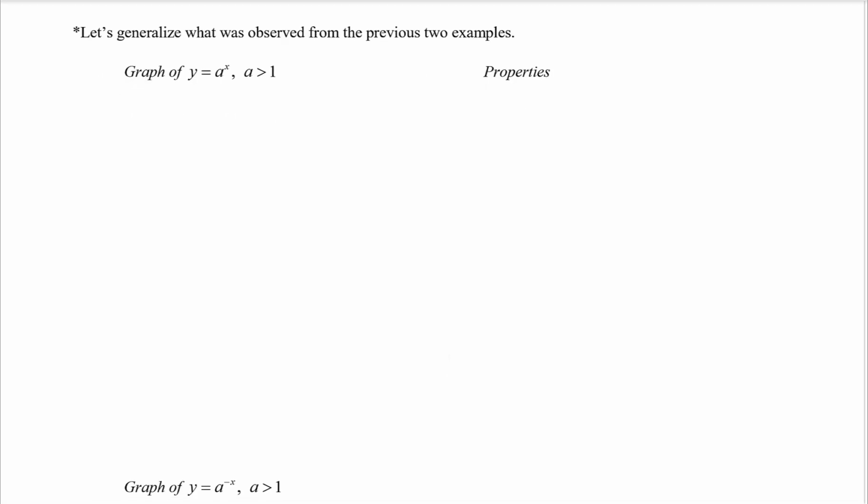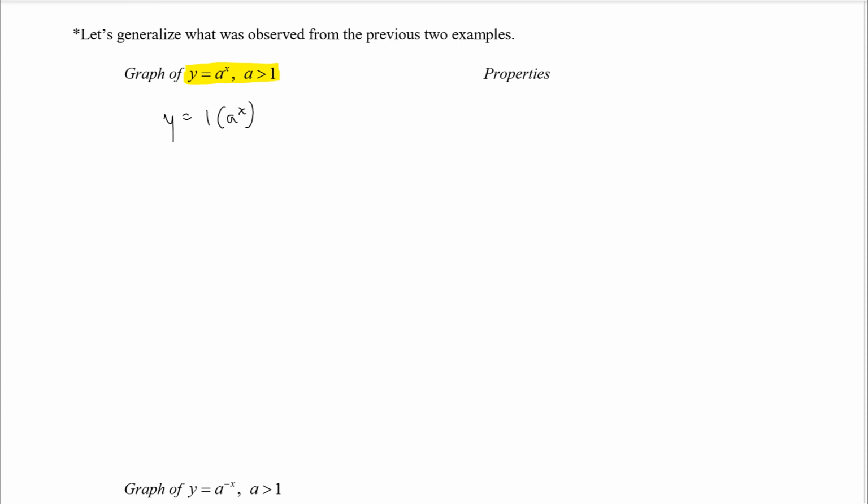Let's generalize it. So if you have y equals a to the x, so you've got y equals 1 times a to the x. If a is bigger than 1, so you're taking 1 and adding a number to it, this is exponential growth.